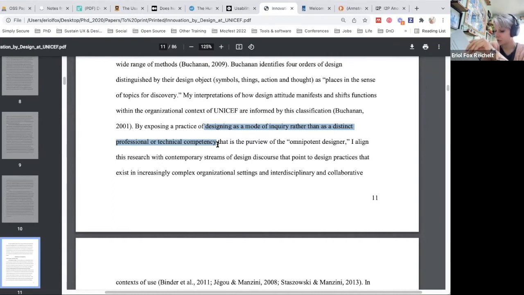So design is not just about an output, as it were, or a technical competency, or a design that you practice, but as a mode of inquiry, as the individual or entity labeled as designer asking the questions that help define the problems.